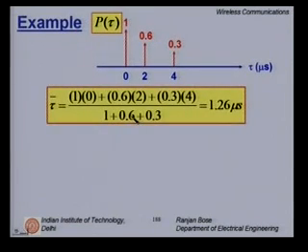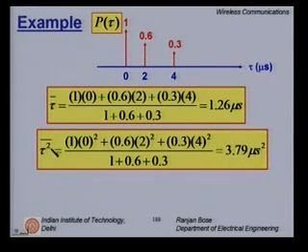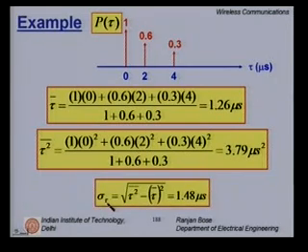Now for this, if you calculate tau bar, it comes out to be 1.26 microseconds. The tau squared bar comes out to be 3.79 microseconds squared. These are using the formulae discussed before, and the root mean square delay spread sigma tau is 1.48 microseconds for this channel.